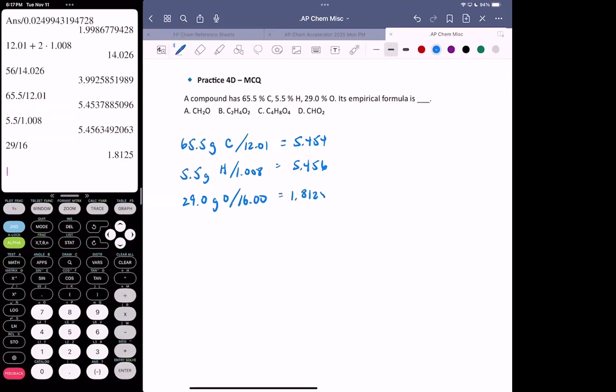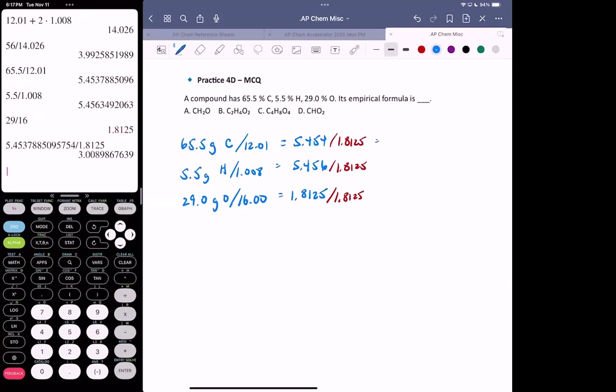So percent to mass, mass to mole, that's where we are now, divide by small. So I'm going to divide them all by the smallest, which is 1.8125. 5.454 divided by 1.8125 gives me 3. This is going to give me 3 as well, and this is going to give me 1.